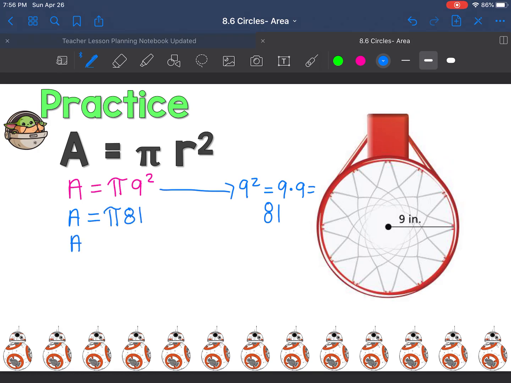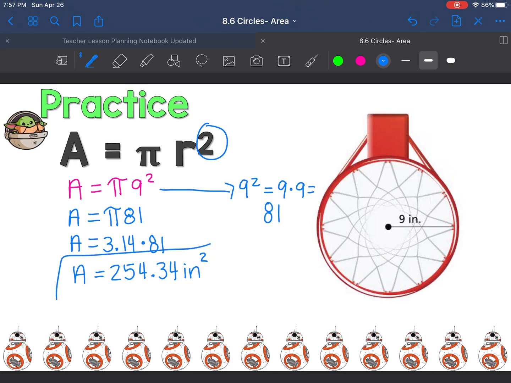Let's change my pi to 3.14 times 81. And when you punch that into your calculator, you're going to get an area of 254.34 inches squared. We're using inches squared because we have square here, so we need to have square here. And that's my final answer.